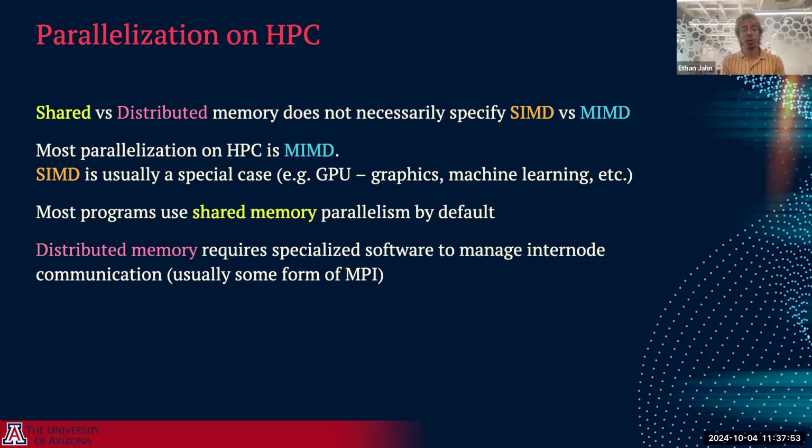If I have a program that works in shared memory and I try to run that on multiple nodes without adjusting my parallelization scheme, it's not going to work the way that I expect it to. So distributed memory oftentimes requires very specific implementation of internode communication protocol.